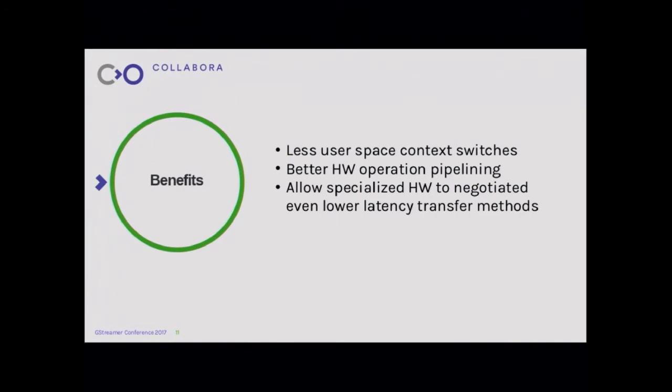So if something else needed CPU when one buffer was ready, you could actually delay submission, and that delay is extra latency, and it's variable, and we really don't like things that vary. That's one of the biggest issues, and it also allows for specialized hardware negotiation of latency, of parcel transfer, for lower latency.